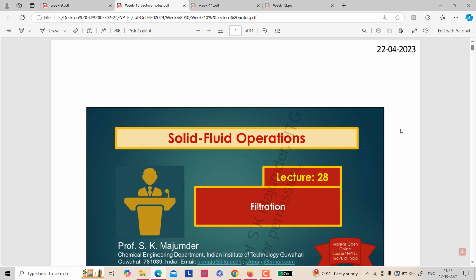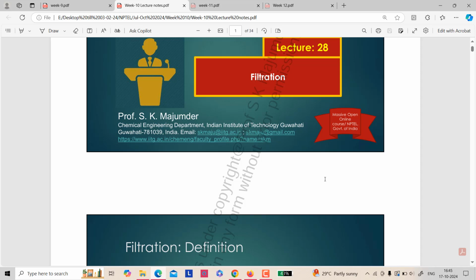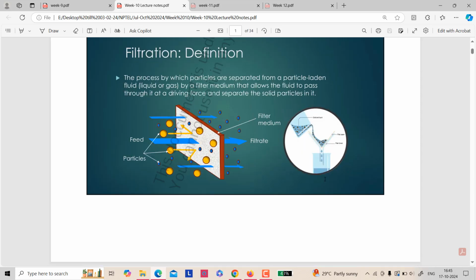Scrubber is done. The 10th lecture is about filtration, the process by which particles are separated from a particle-laden fluid, liquid or gas, by a filter medium that allows the fluid to pass through it at a driving force and separates the solid particles in it. Filtration is very common to us.